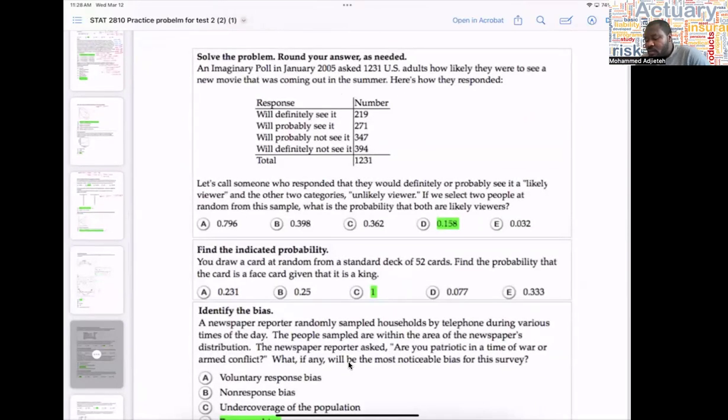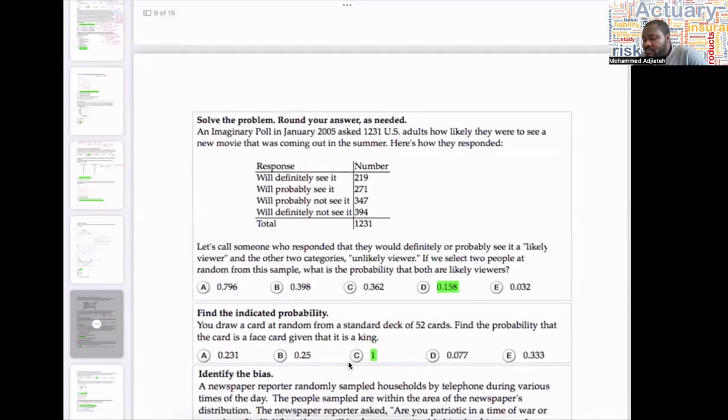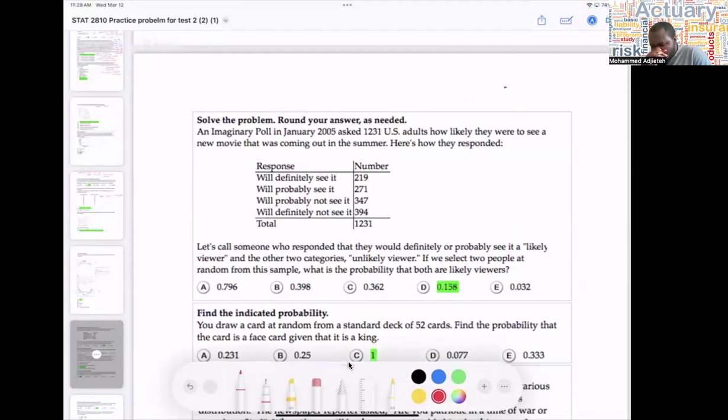Okay, let's solve this problem here. Let's do the first one. We are told that an imaginary poll in January 2005 asked 1,231 US adults how likely they were to see a new movie that would be coming out in the summer. We have this table here, and we are told to call someone who responded that they will definitely or probably see it a likely viewer.